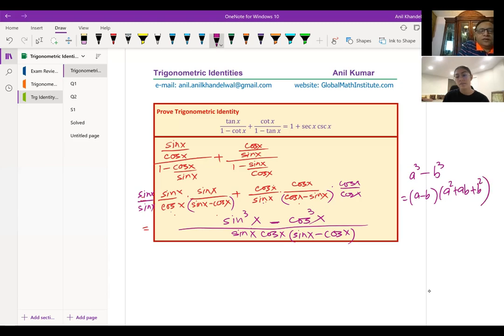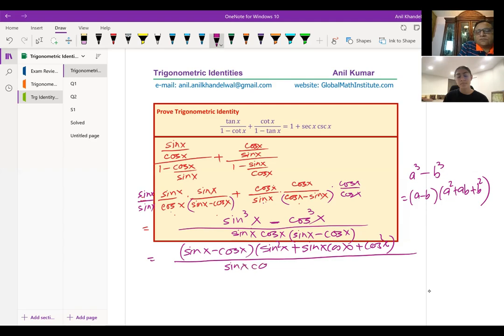Now the numerator will be sine x minus cos x times sine squared x plus sine x cos x plus cos squared x, divided by the denominator, which is sine x cos x times sine x minus cos x.